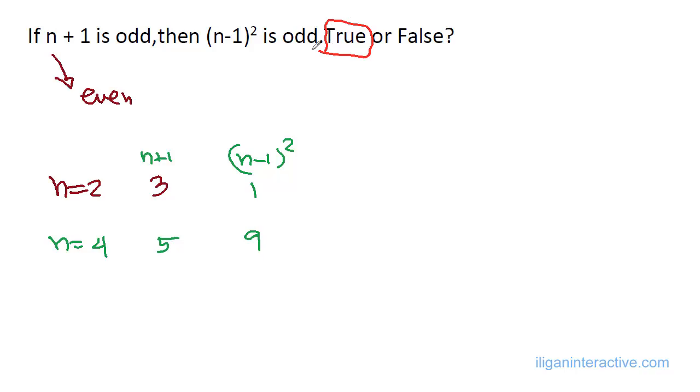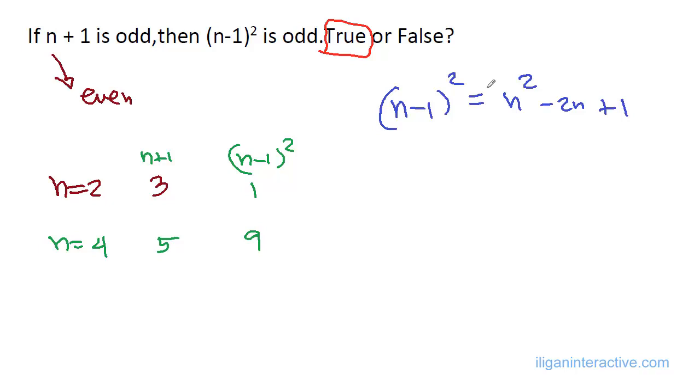But if you really want to show that this one is odd, we can actually do it like this. n minus 1 squared is equal to n squared minus 2n plus 1. And then what can we get out of this?